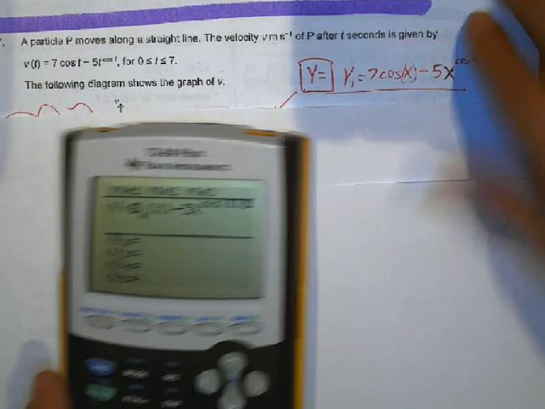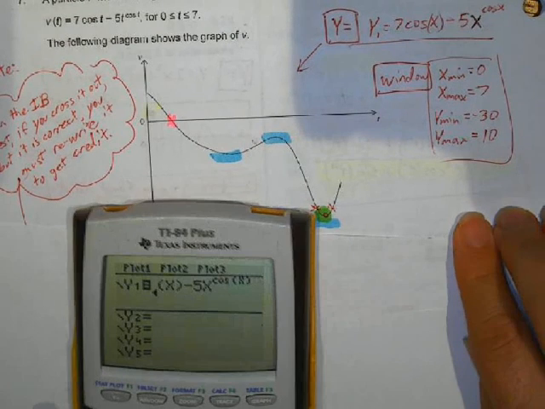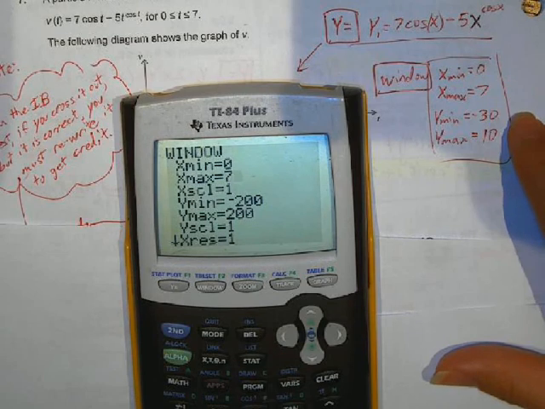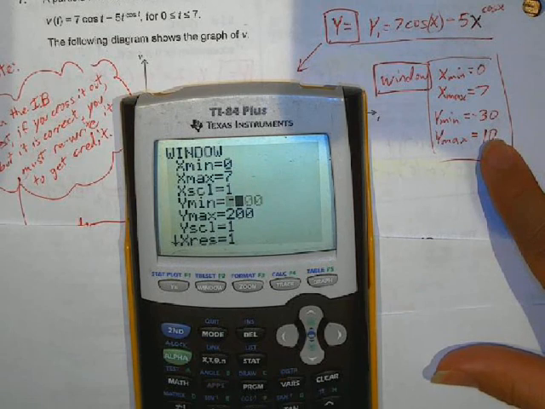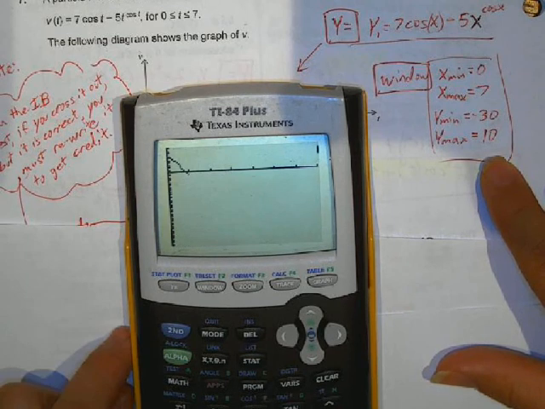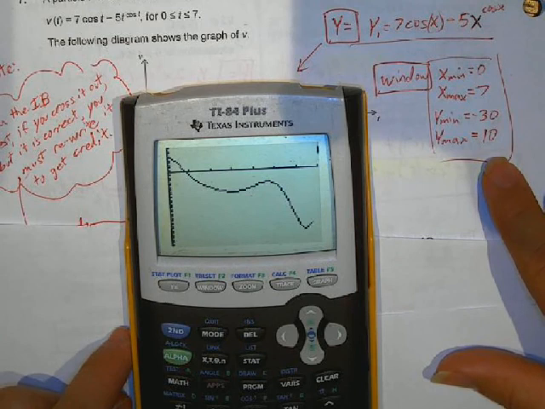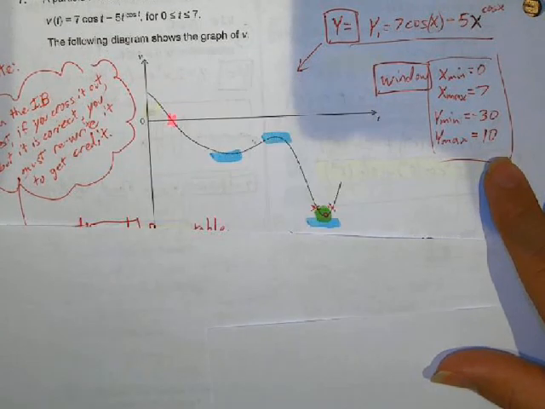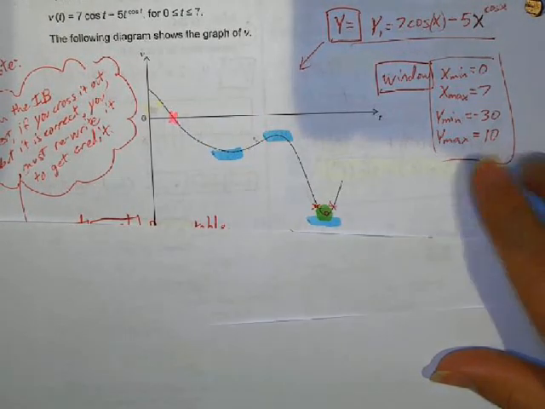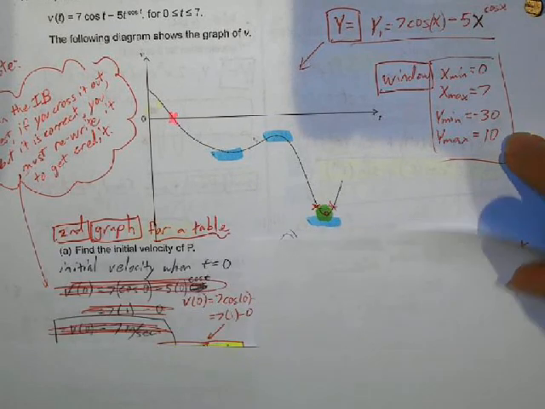Okay, and what window am I going to need here? Window 0 to 7, minimum of -30, maximum 10. How does this look? Okay, so this looks just like this graph here, right? See, the same. I just wanted an example here.